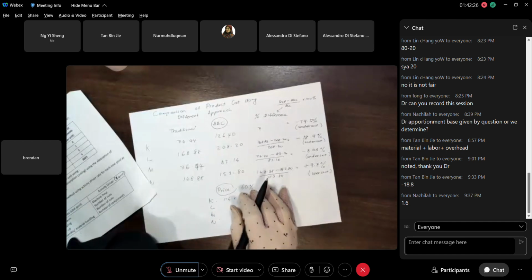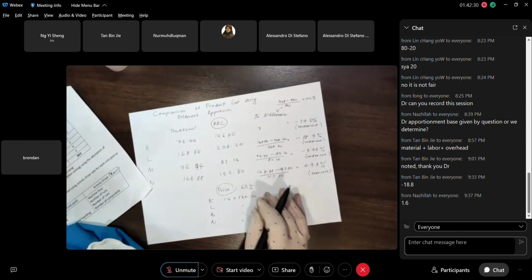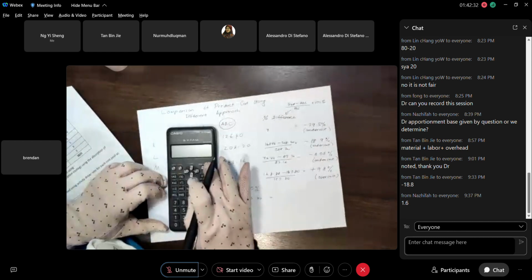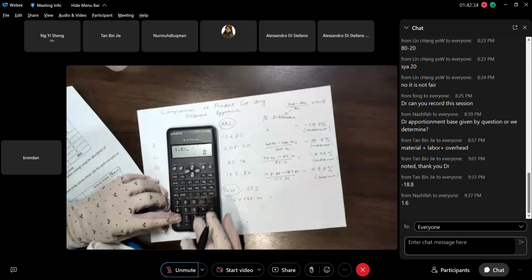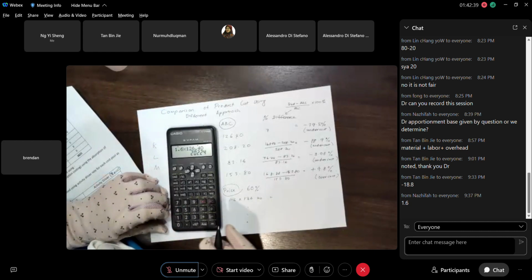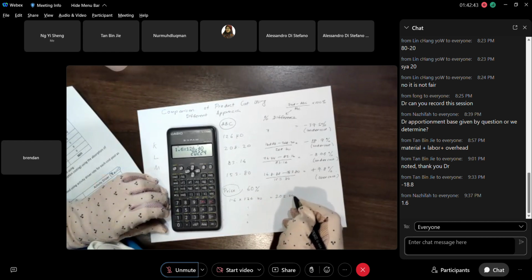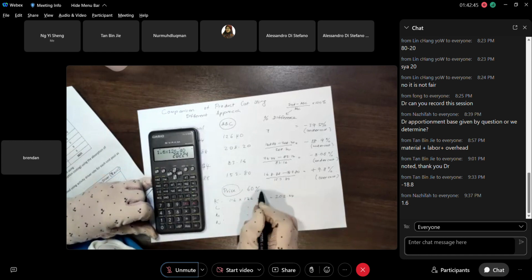So you get the numbers. You get 1.6 times 126.40. So the price will be 202.24. And because I want the profit is 60%.